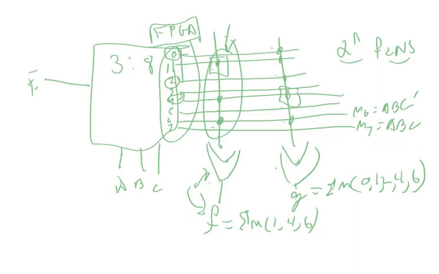So that's question 11. Decoder produces product terms. Question 11. What do you think? Is it confusing?